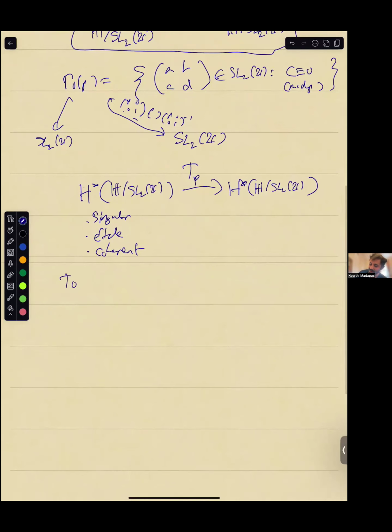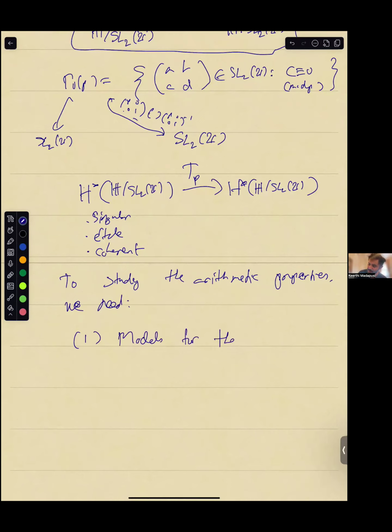So to study the arithmetic properties, we need models for these operators, so these correspondences, over number fields. And this is the theory of canonical models.